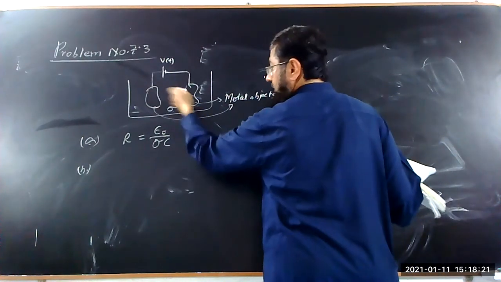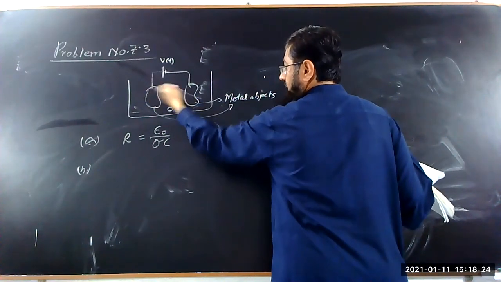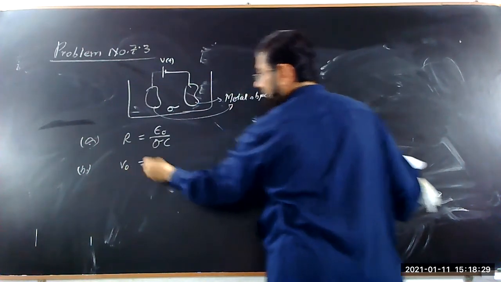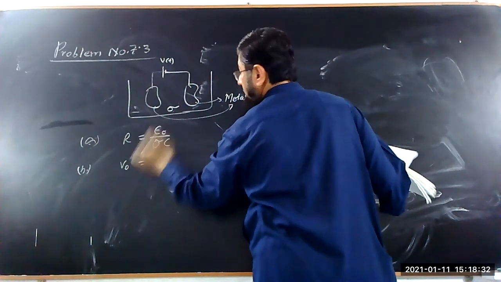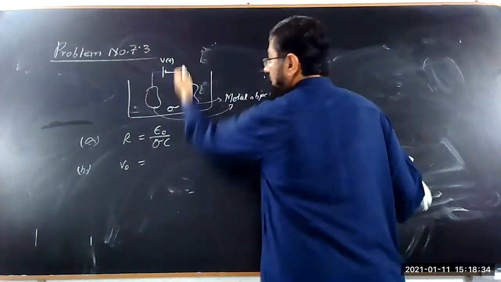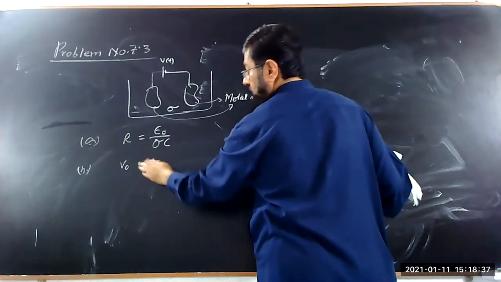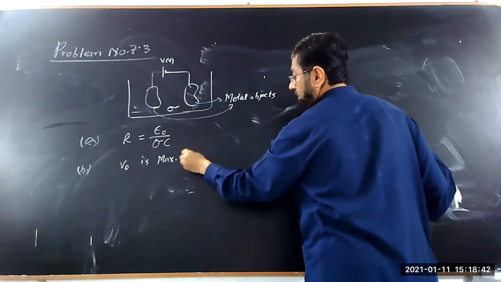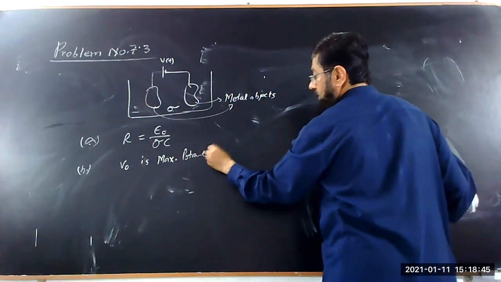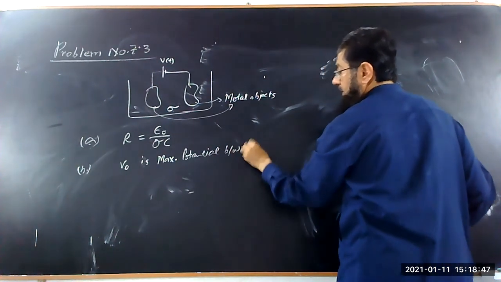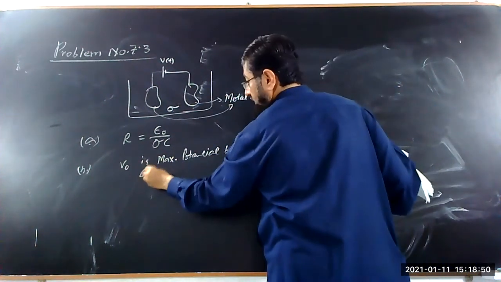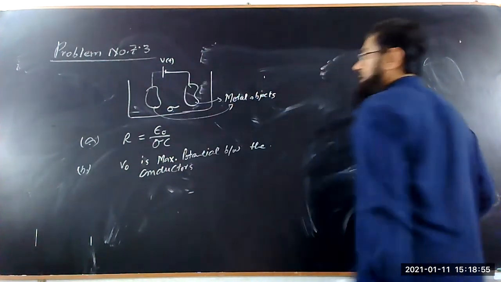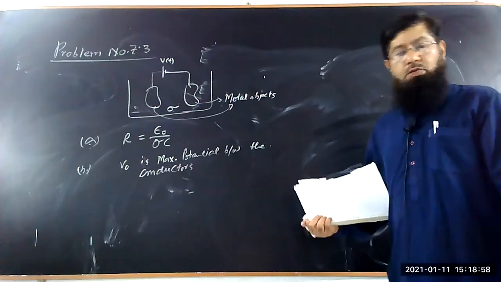When it is completely charged, the potential between the two metals is V naught, which is the maximum potential between the conductors.